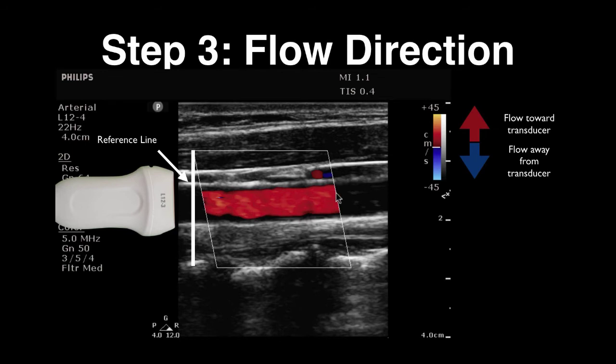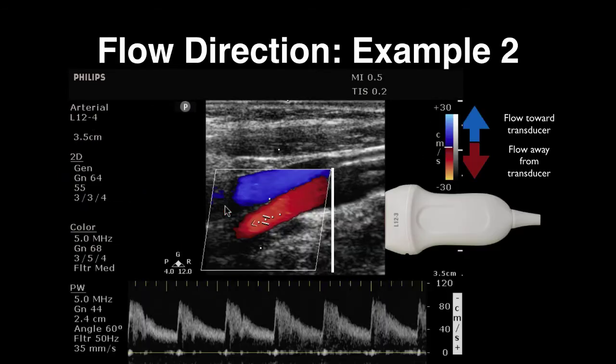So now we've got the reddish hues here, so that means, looking at this color map, that this is flow directed towards the transducer. So we can say on this image here that flow is going from the right to the left, and that's what we would expect because the artery we're evaluating here is the common carotid.